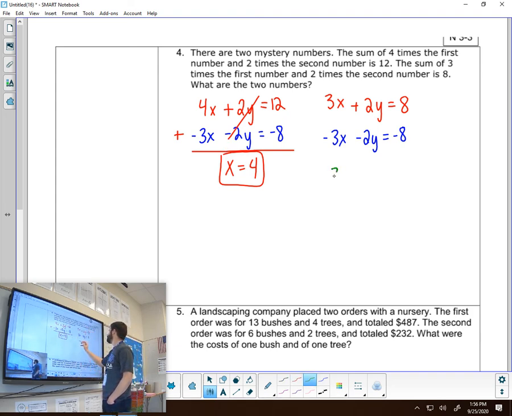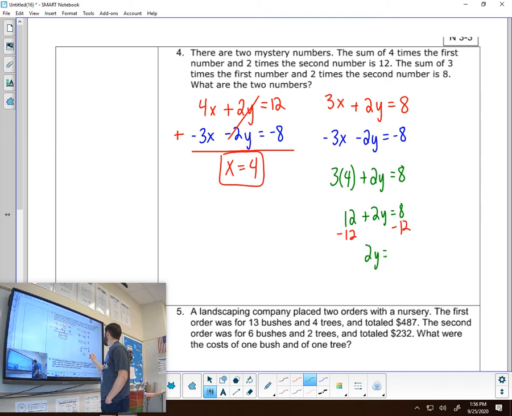So I'm going to write 3 times, and instead of having an x right there, I'm going to write 4. So I'm going to go 3 times 4 plus 2y equals 8. 3 times 4 is, of course, 12. And minus 12 from both sides, and get 2y equals negative 4.